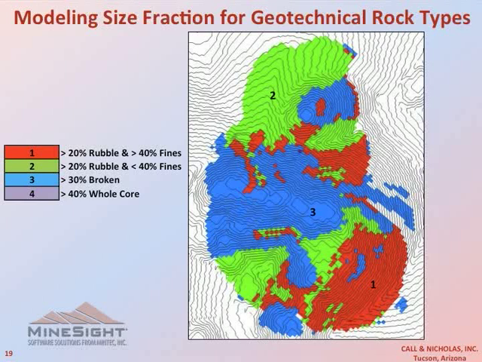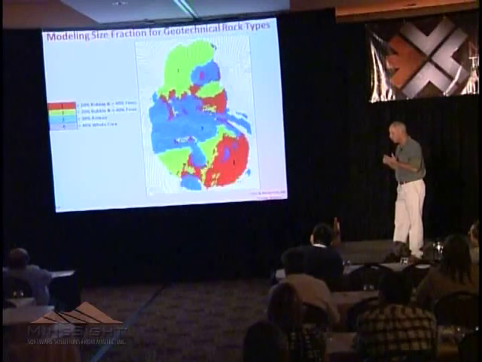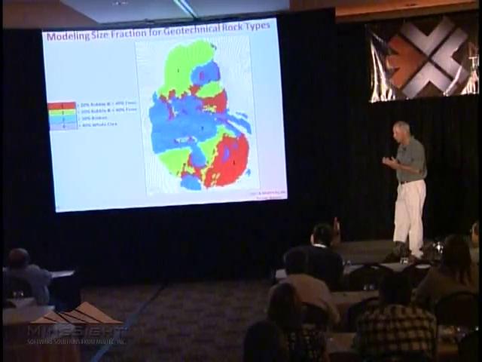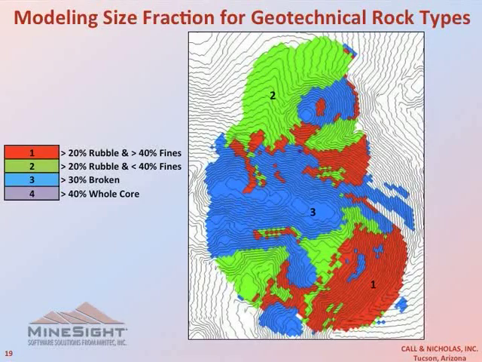In other words, rubble and broken and whole core being the best of the three. And we also were tracking in the logging process how much gravel, sand, and fines are in the core.